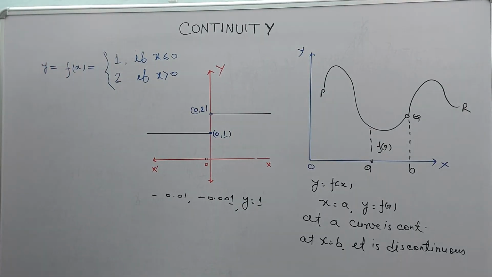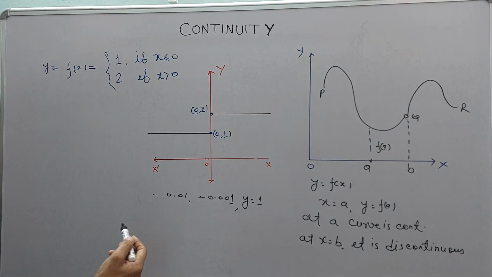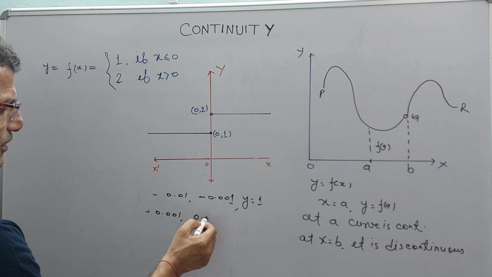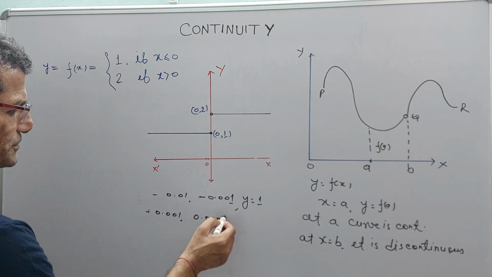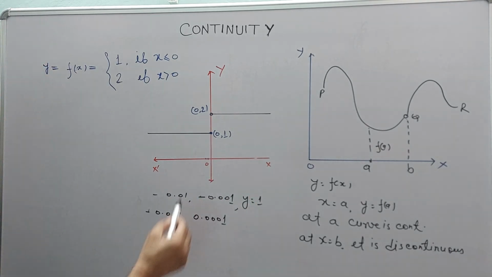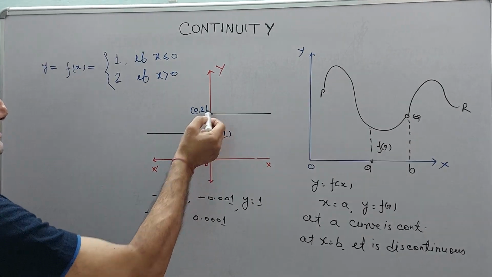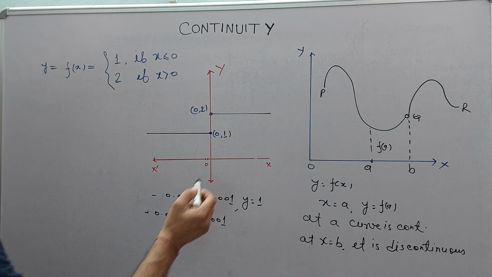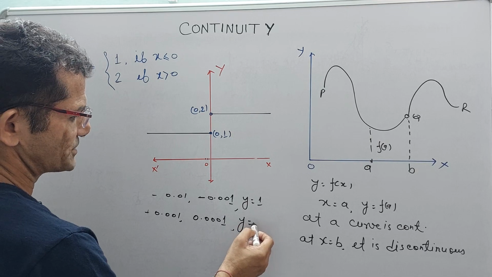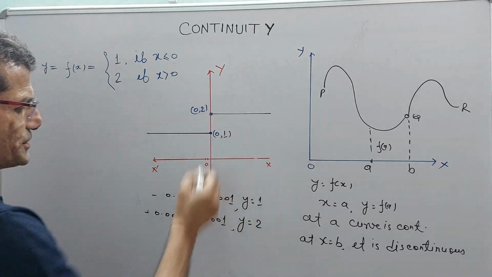Similarly, if I take values like plus 0.001 from the right part of the x-axis, nearby x equal to 0, looking at the graph, y or f(x) is equal to 2.